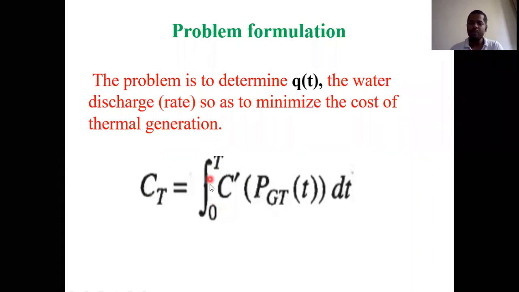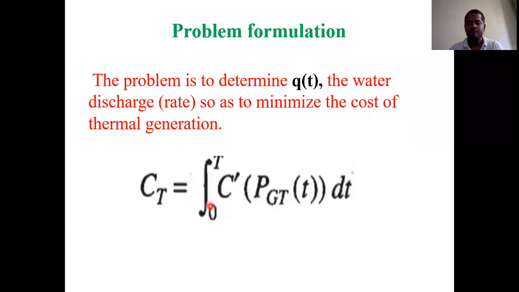But the most important point is why we are considering an integral here. When we are coordinating a thermal power plant and a hydel power plant, the most independent quantity is time. The most important constraint in this case is water availability. Water availability may be present or may not be present; it changes with respect to time.